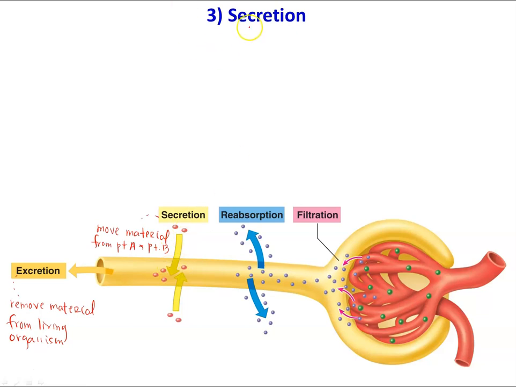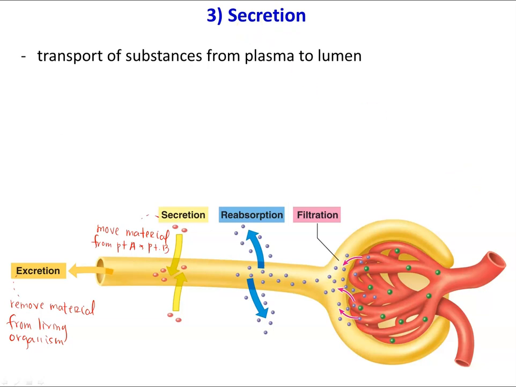Now, in regards to secretion, the kidney is an amazing thing. What we originally talked about is, let's make a filtrate, having filtrate or small molecules leave our circulatory system and go into the lumen of this nephron.